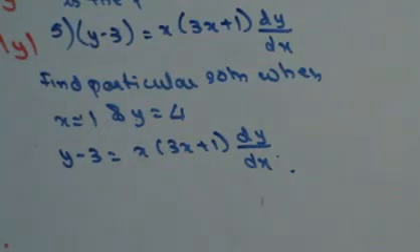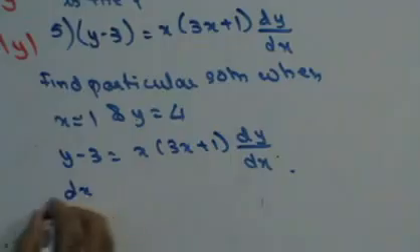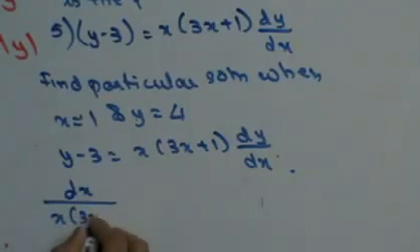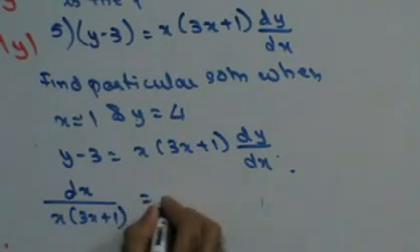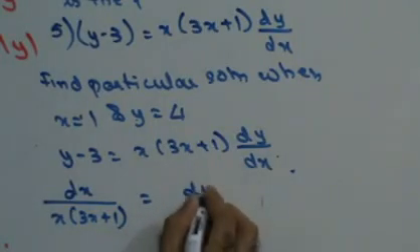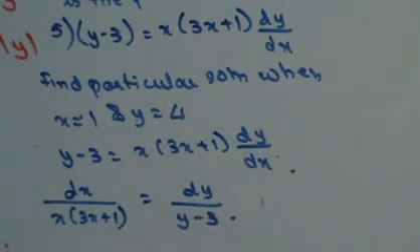So in that case, I can therefore say that dx upon x into 3x plus 1 is equal to dy upon y minus 3. Integrate both sides. Right?